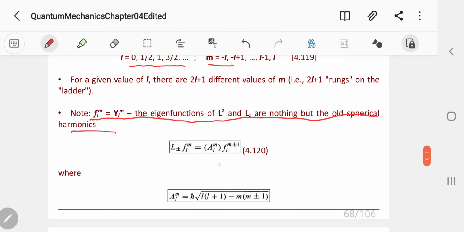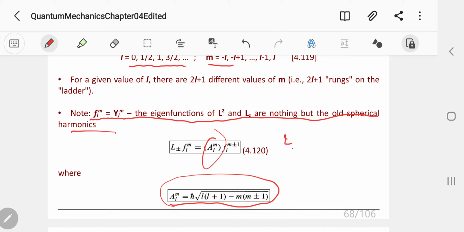And this one you can also get, the eigenfunction of L plus and L minus, and A_lm will just be equal to this one. So look at this.